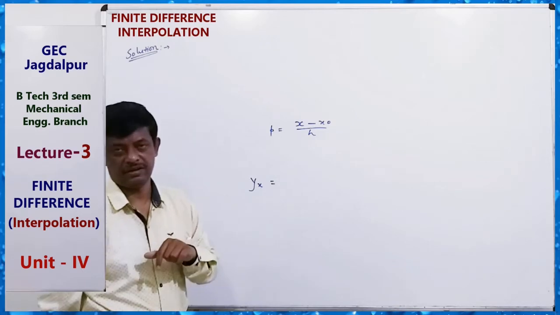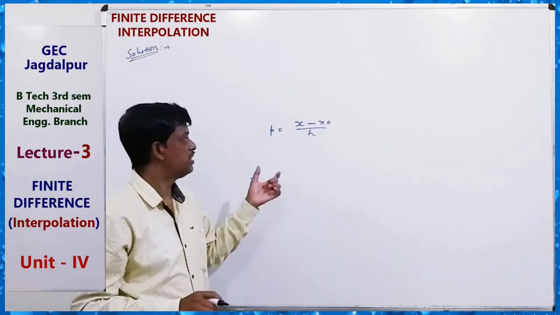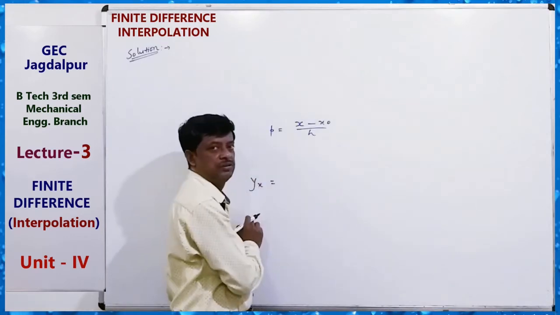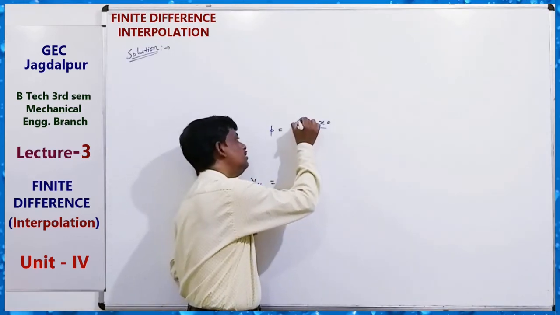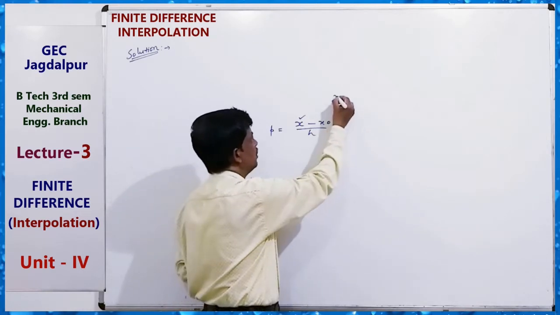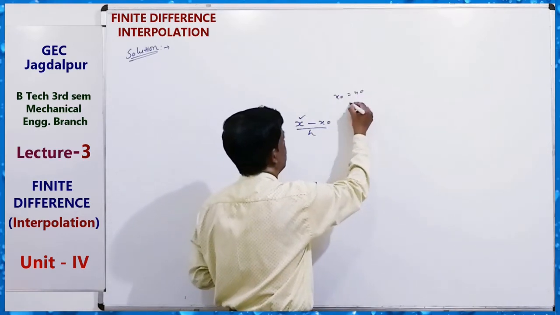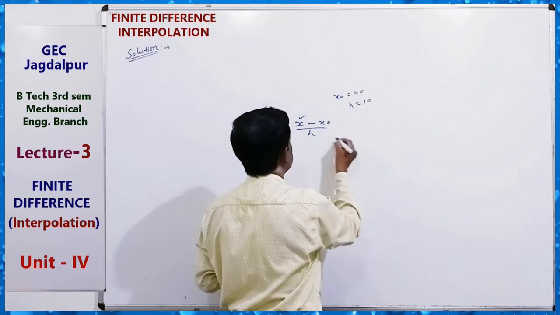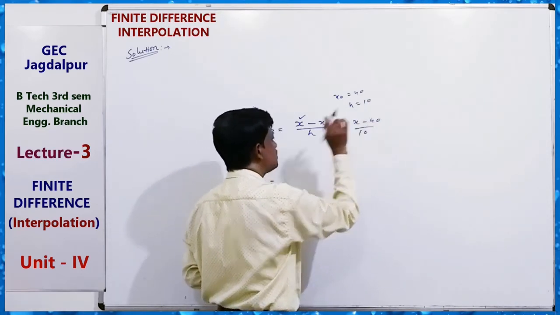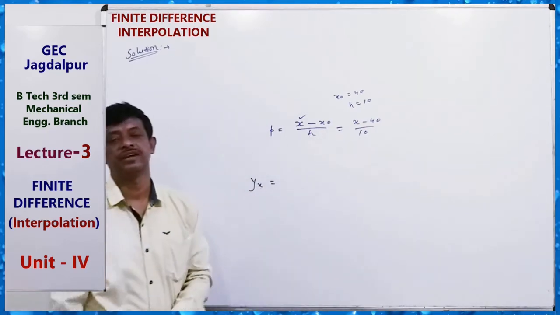If we take from a table, this is particular value, and this x is x. For example, x0 equals to 40 and h equals to 10. Then we can find this value equals to x minus 40 by 10. Here p is in terms of x.